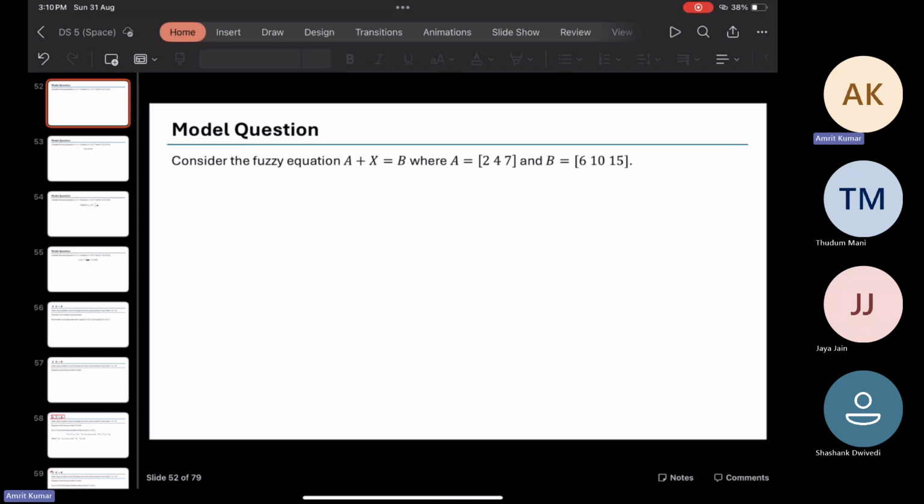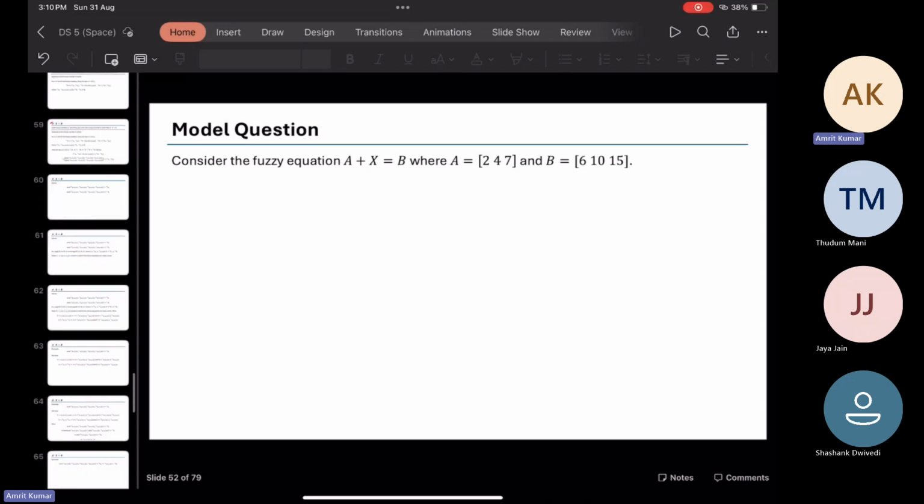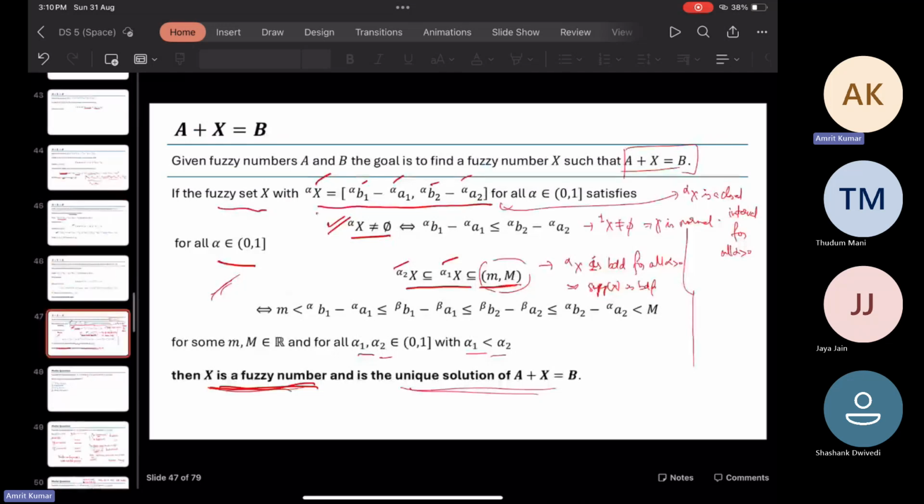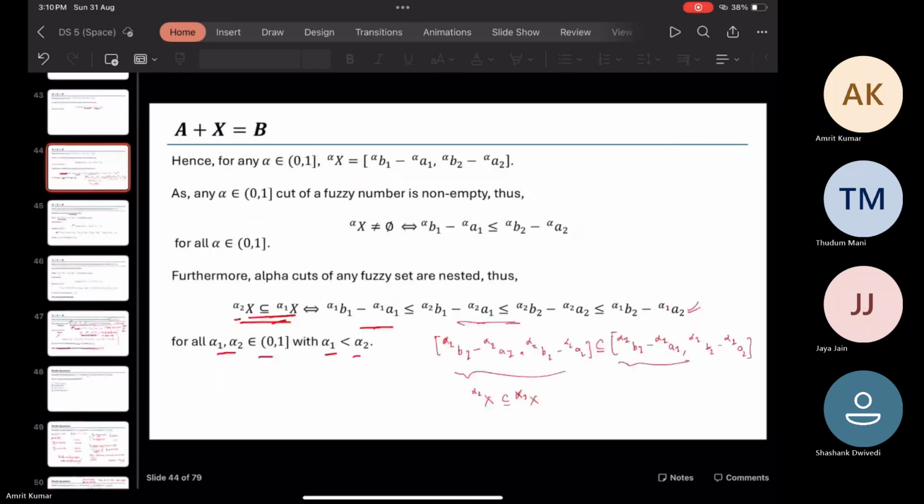I've also edited those slides, so instead of having all these cumbersome details, I made them really nice. You should be able to understand those slides easily, even if you don't have the recording.